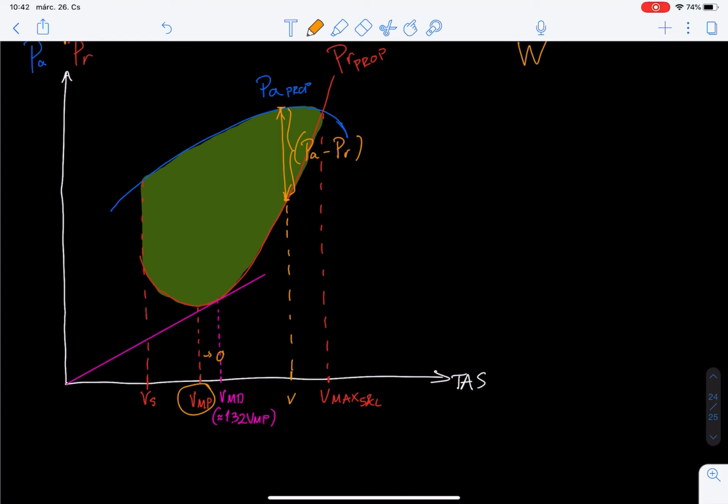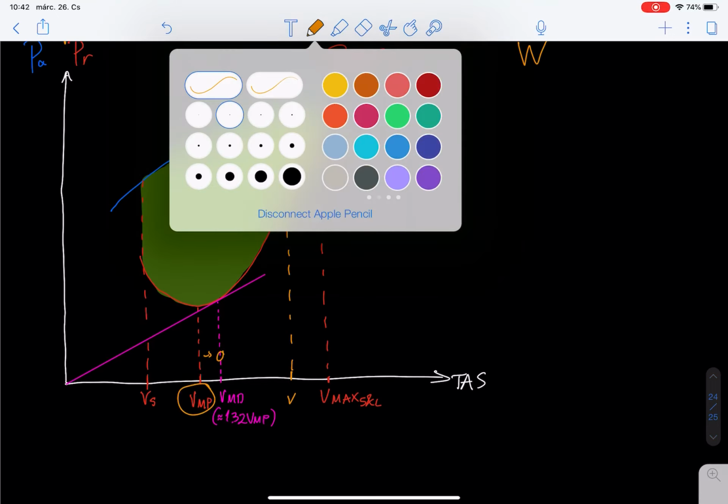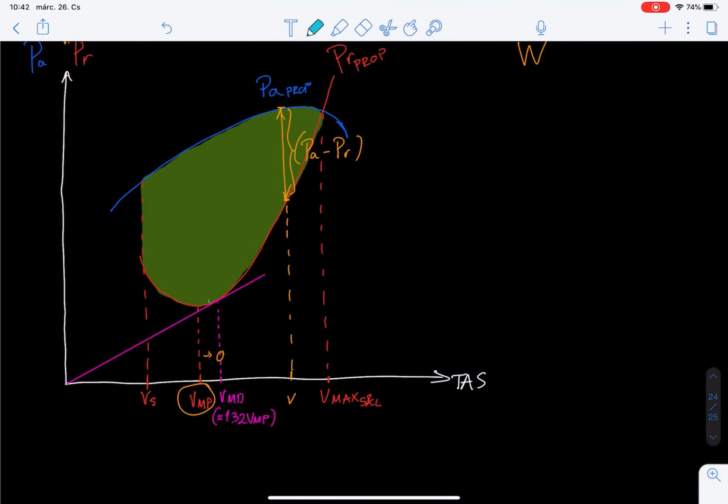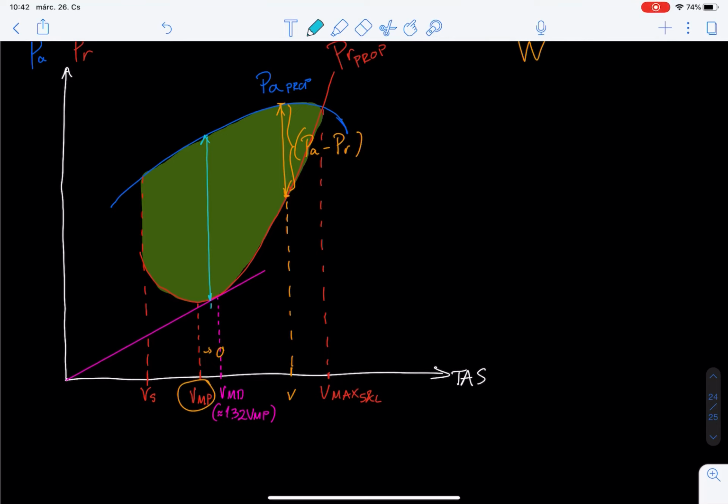It's basically a shift in the power available and the power required curve with the shift of altitude, but in the general case, this best excess power available is going to be somewhere right here.